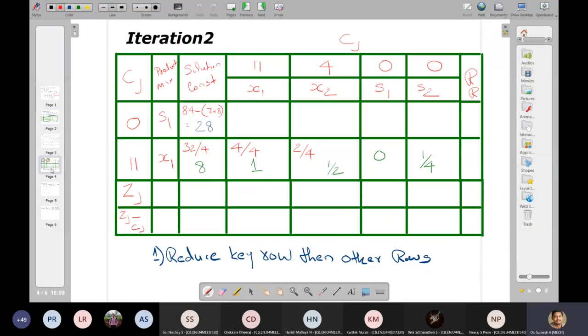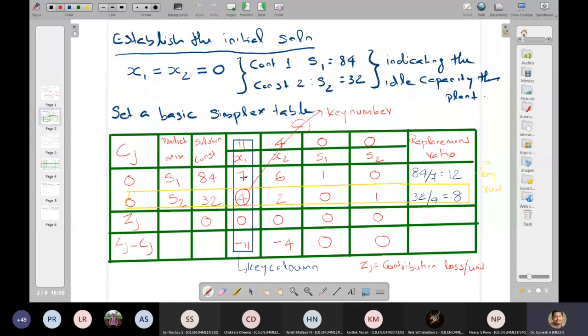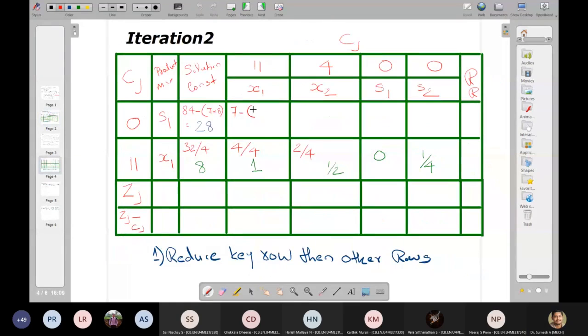So it is 7 minus, inside the bracket, 7 into the reduced element, which is 1. That equals 0.